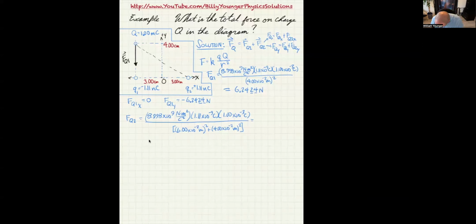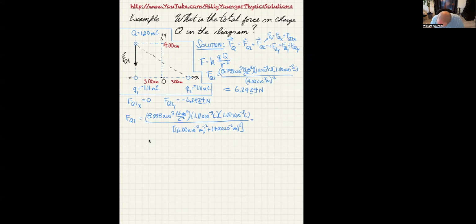So I'm going to take 8.998 times 10 to the ninth times 1.11 times 10 to the negative ninth times 1 times 10 to the negative 3. Now I'm going to divide all that. This time it's really helpful to use parentheses.